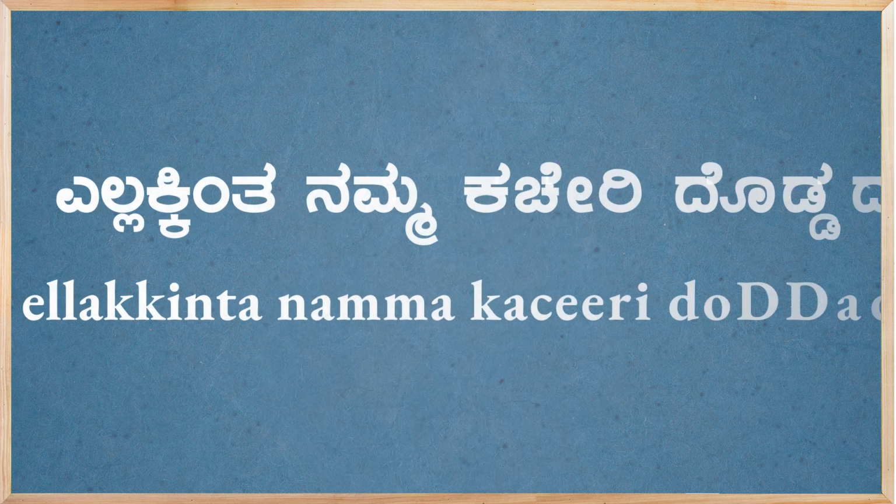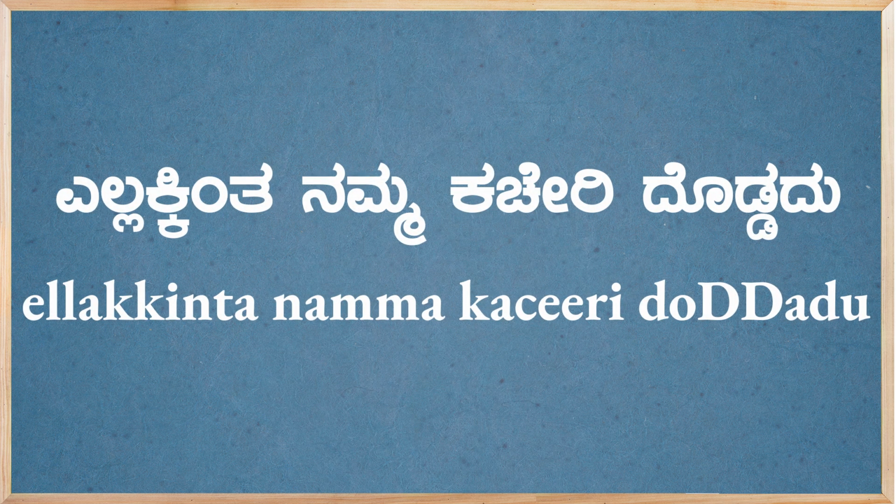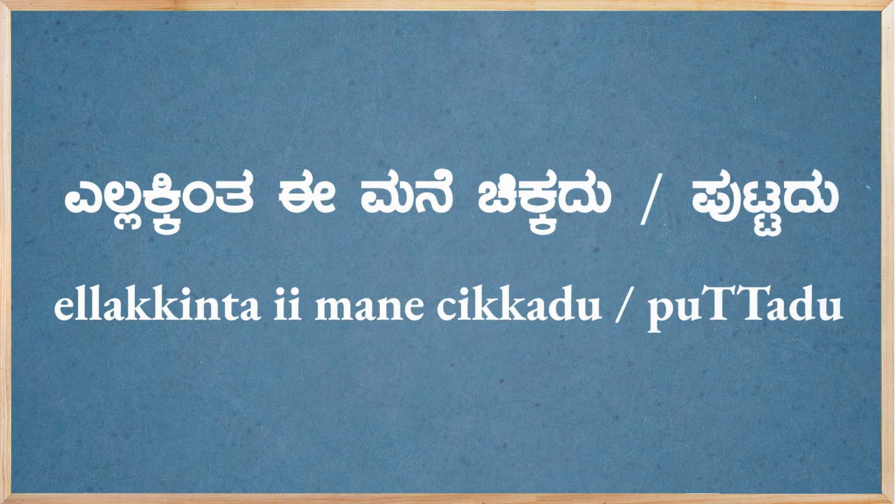I can see you are really getting the hang of it. Let's take it a step further with a few more examples. ಎಲ್ಲಕ್ಕಿಂತ ನಮ್ಮ ಕಚೇರಿ ದೊಡ್ಡದು. This means our office is the biggest of all offices. Or our office is bigger than all offices. ಎಲ್ಲಕ್ಕಿಂತ ಈ ಮನೆ ಪುಟ್ಟದು or ಚಿಕ್ಕದು.